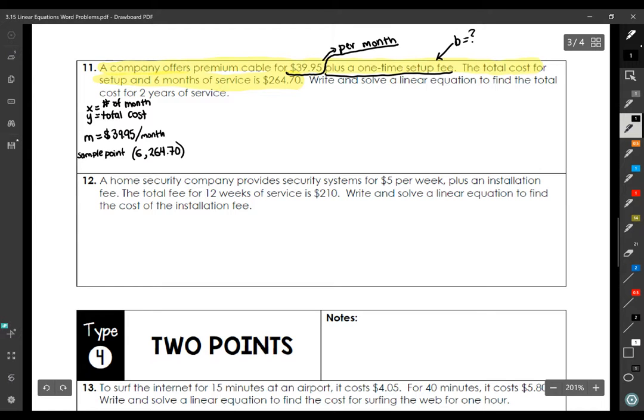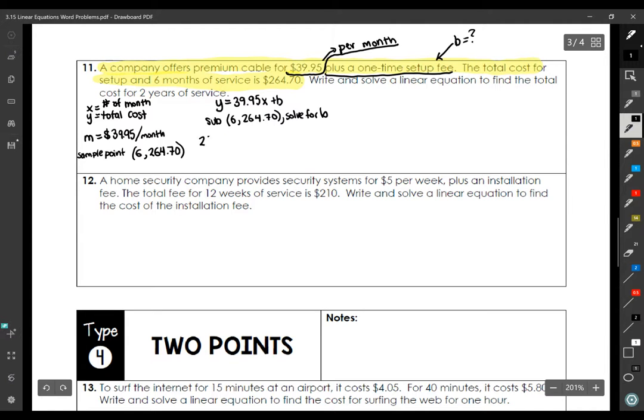Okay, so that is our sample point. Okay, so we have our partial equation. Y is equal to 39.95 times x plus b. We're going to substitute our point, 6, 264.70, and solve for b.